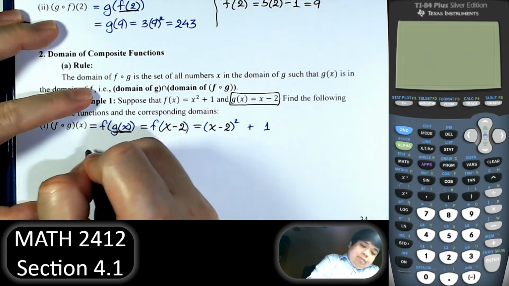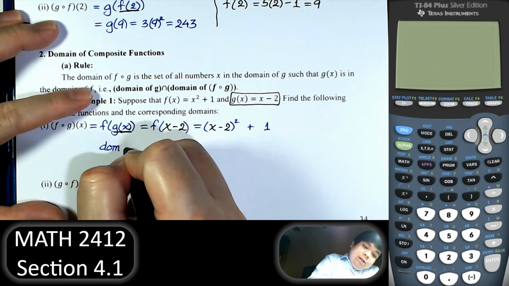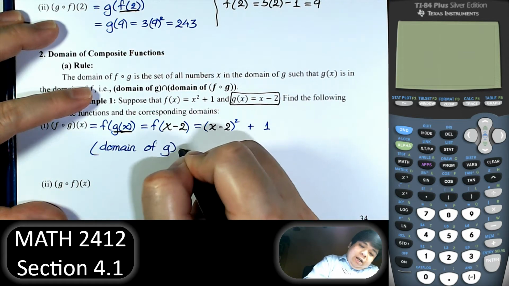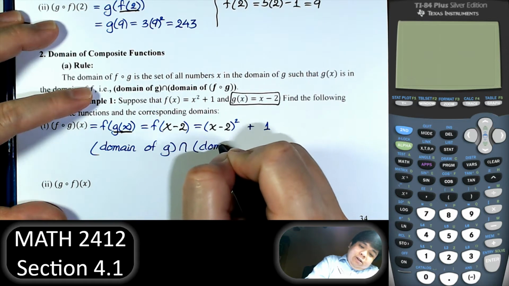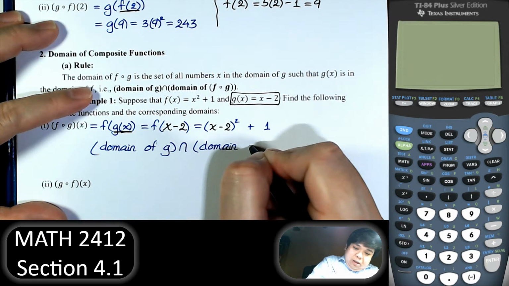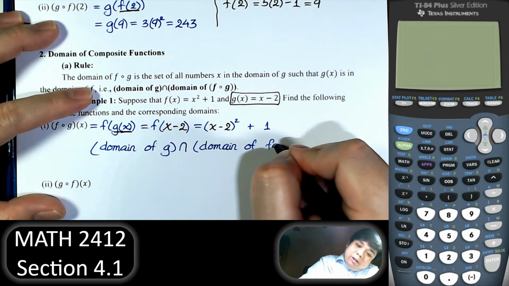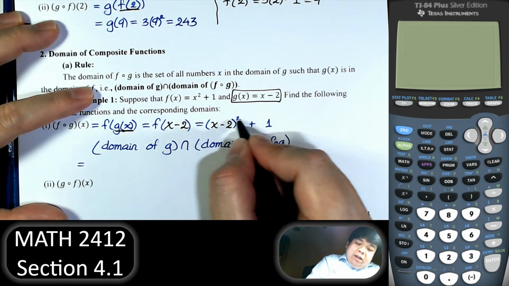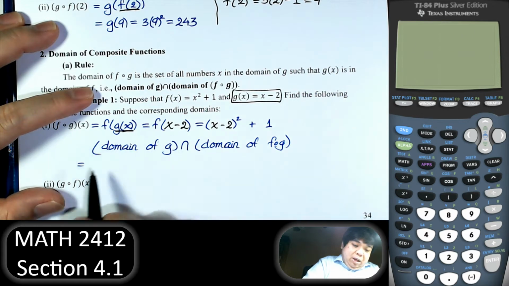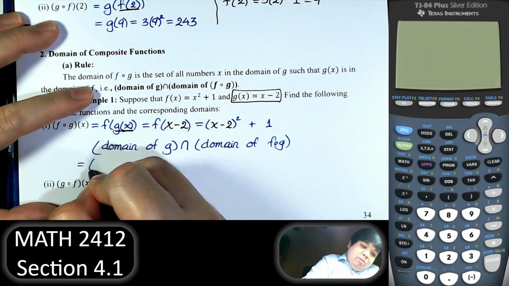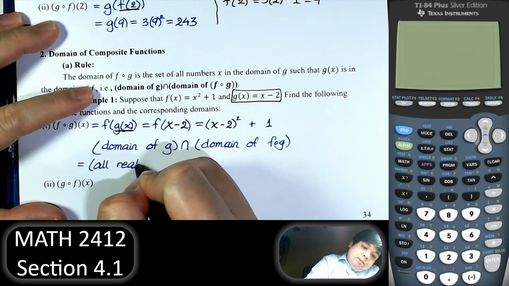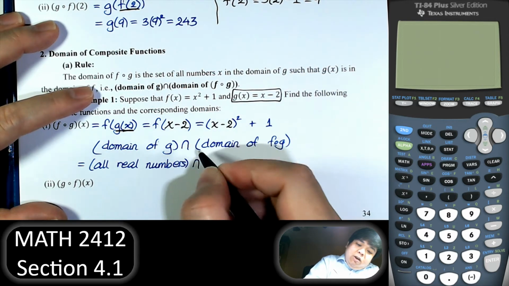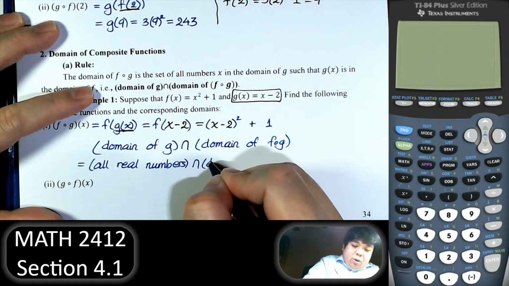All right, so we write domain of g and then intersection with domain of the composition. So domain of g is a polynomial, so all real numbers. So we have the set of all real numbers intersect domain of this function, also all real numbers.